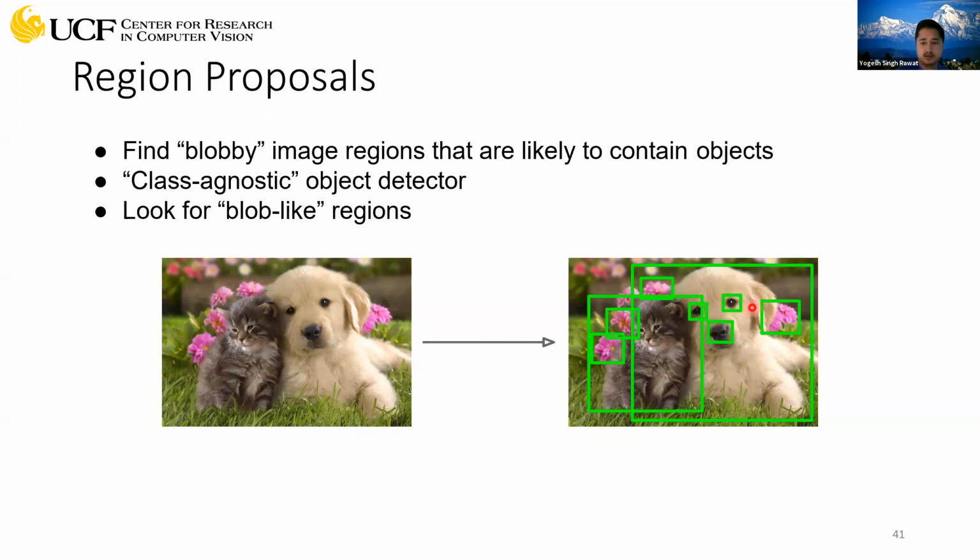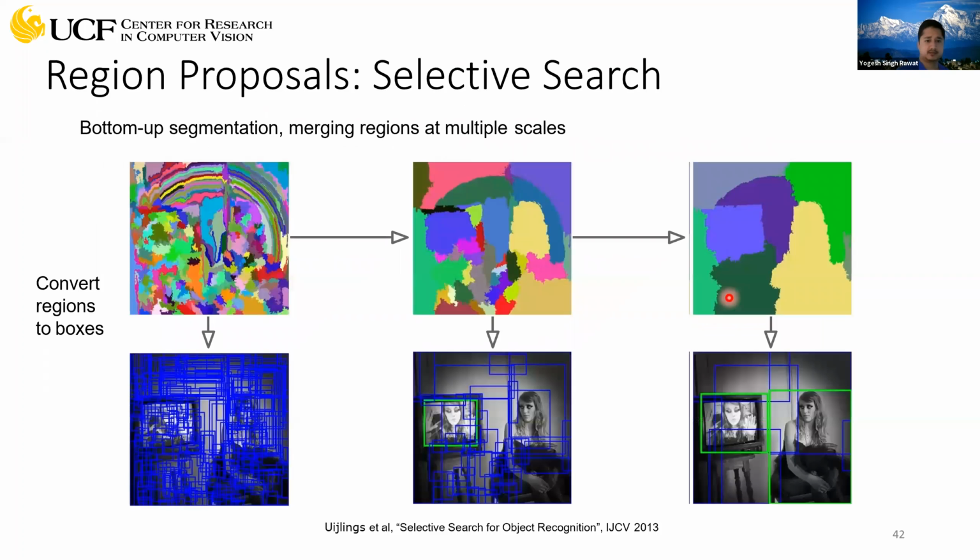And to determine these regions, there can be multiple algorithms. We can use some kind of image segmentation techniques. We can also use keypoint detection, which can detect blob-like regions, like we did in Harris corner detection, right? So then the idea is, once we have these regions, we only extract features from these regions, and we call these region proposals.